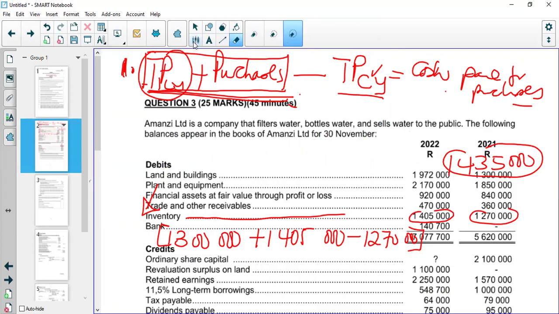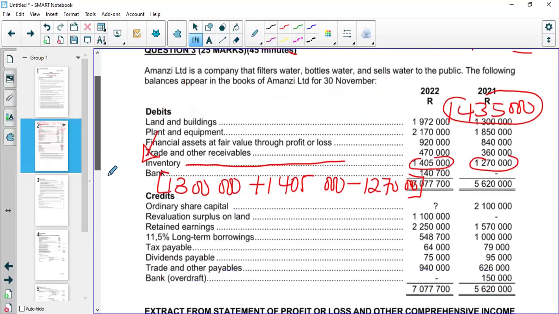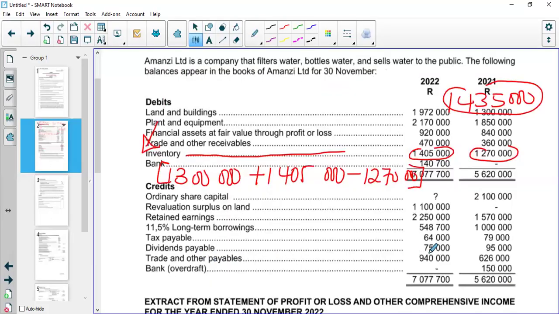So we're going to say trade payables last year, 940,000. Here it says other payables. If there were other payables here, like salaries not paid or interest not paid, you would exclude that because we want trade payables. The same principle that we applied for trade and other receivables, we apply for trade and other payables.